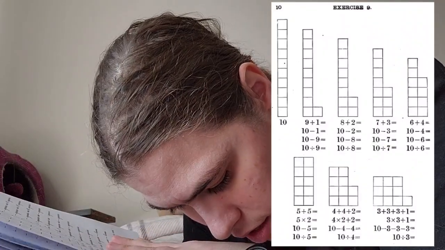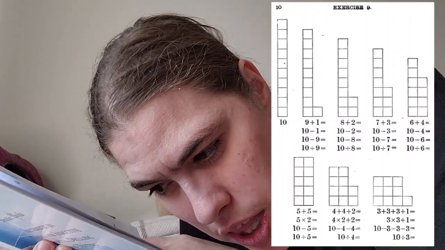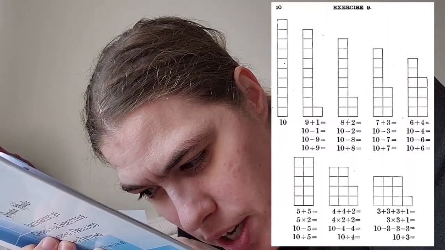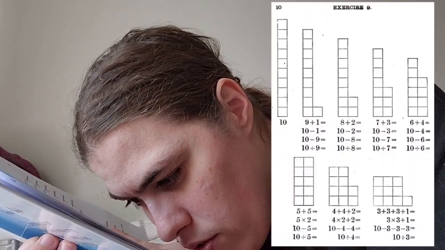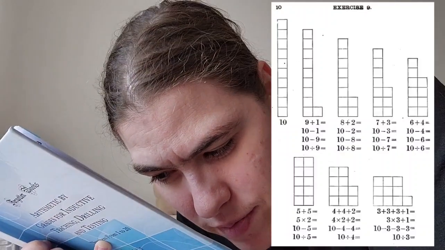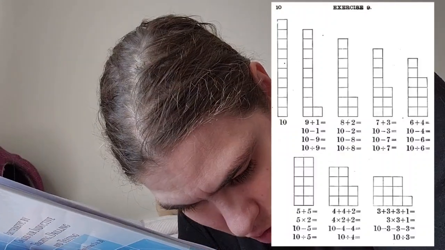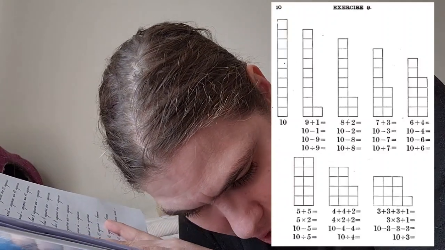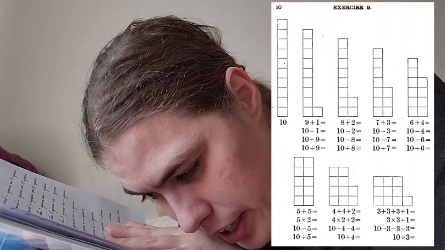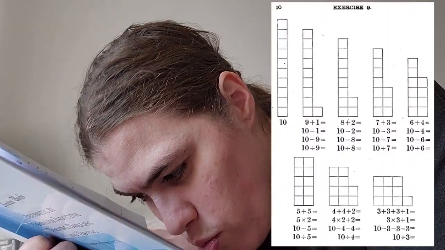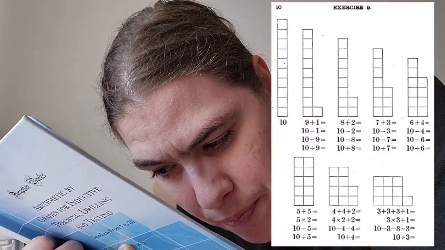Why is that? Do they think the student is going to get that 1 in 9 or 10? Or that 2 and 8 are 10? I don't know. Okay, continuing. We'll just do the problems as they're written in the book. I don't know why 1 and 9 are not in here. It's really weird.